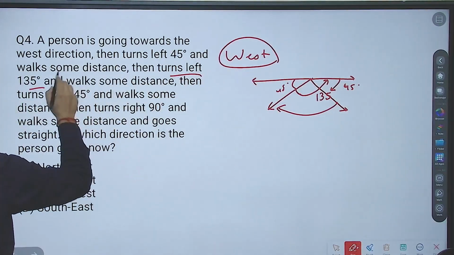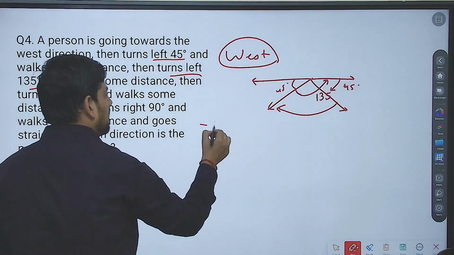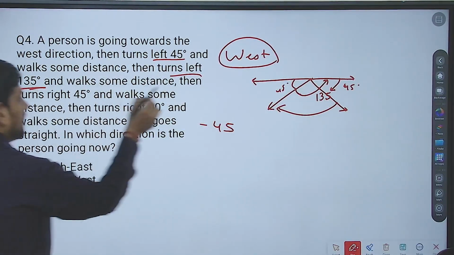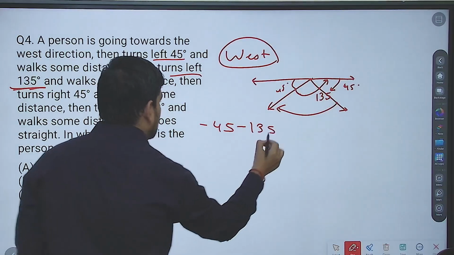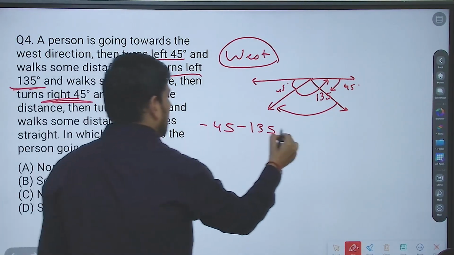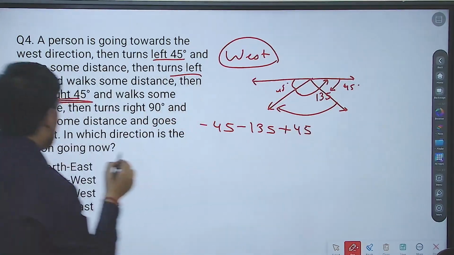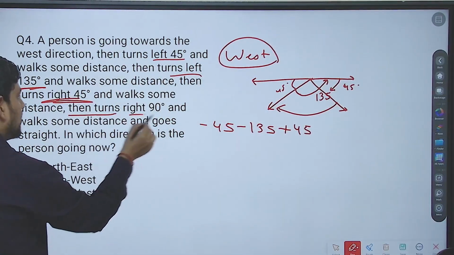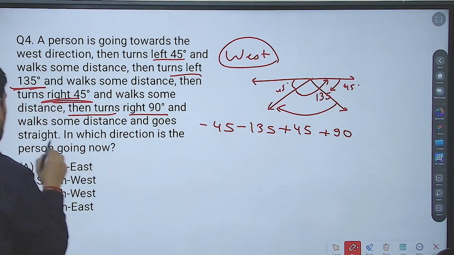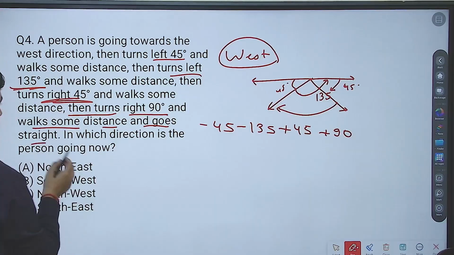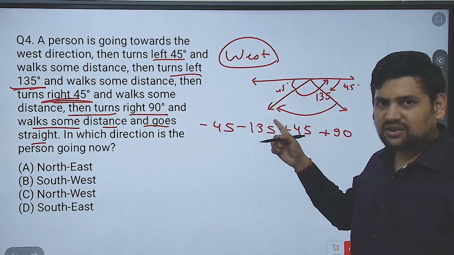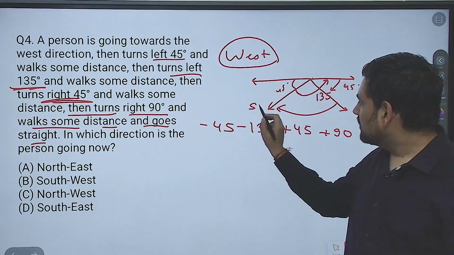Now turns left 45, which means minus 45, then walks some distance, then turns left 135, that means minus 135, walks some distance, then turns right 45 degrees, which means plus 45, and walks some distance, then turns right 90 degrees, which means plus 90, and walks some distance, and then goes straight. Straight means whatever direction he is going. So eventually here also you have got the answer as southwest.